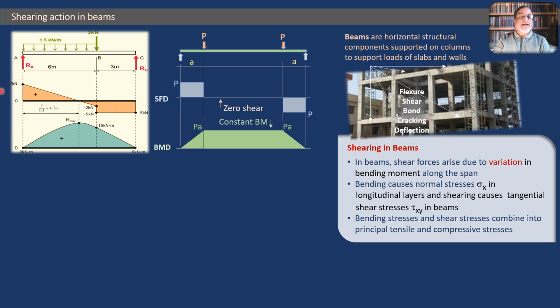Most of the time you will find that in beams we get some shear force as well as some bending moment at every cross section. That is why in beams we get bending mixed with shear, and why it is important to study the shearing action in beams along with the bending action.